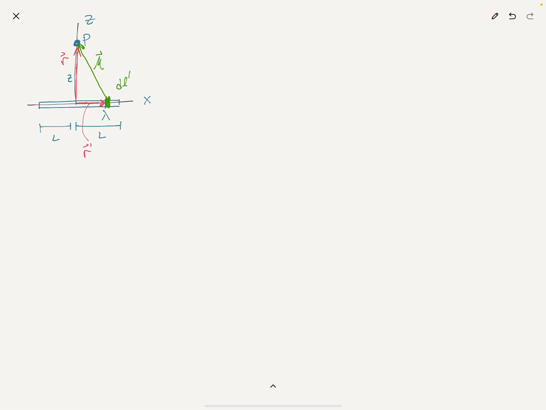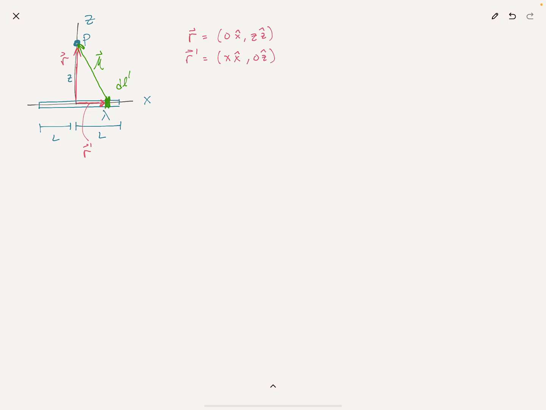So let's go ahead and construct what vector R is. That is 0 in the x-hat direction, z in the z-hat direction. My vector R prime is equal to, I guess I haven't said how far away we are. We're going to go x in the x-hat direction and 0 in the z-hat direction.